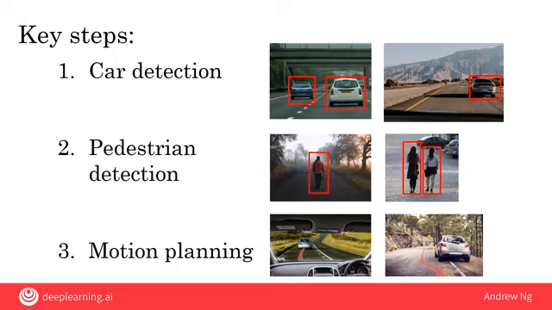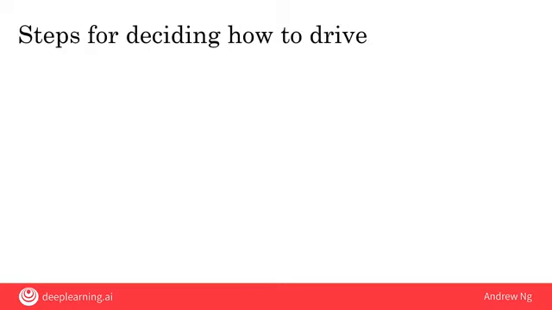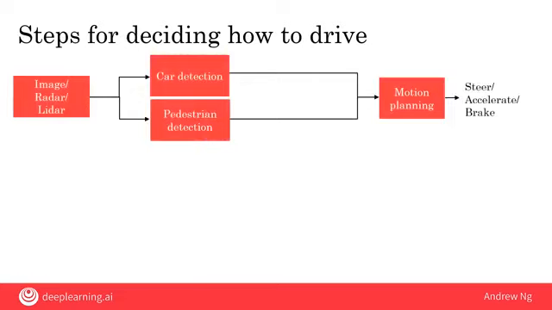So far, I've given a rather simplified description of self-driving as comprising mainly these three components. Let's look at a bit more detail of how an actual self-driving car might work. This is the picture you've seen so far. Input image, radar, LiDAR, sensor readings, do car detection and pedestrian detection, and that is then fed to motion planning to help you select your path and speed. Now, in a real self-driving car, you would usually use more than just cameras, radar, and LiDAR.